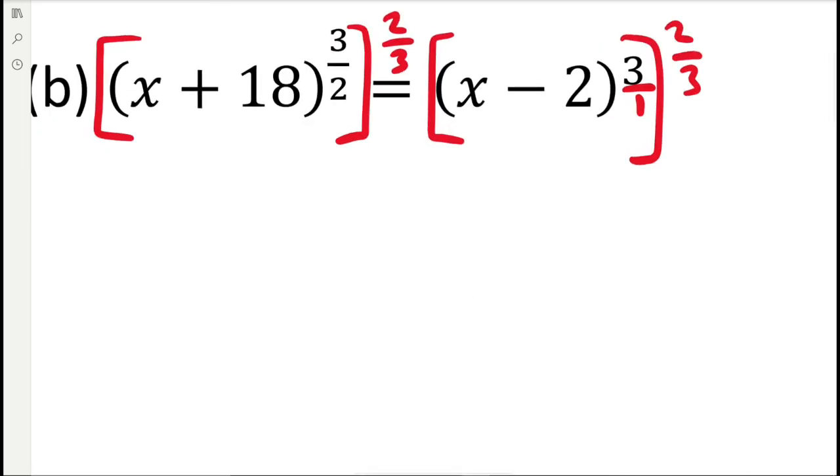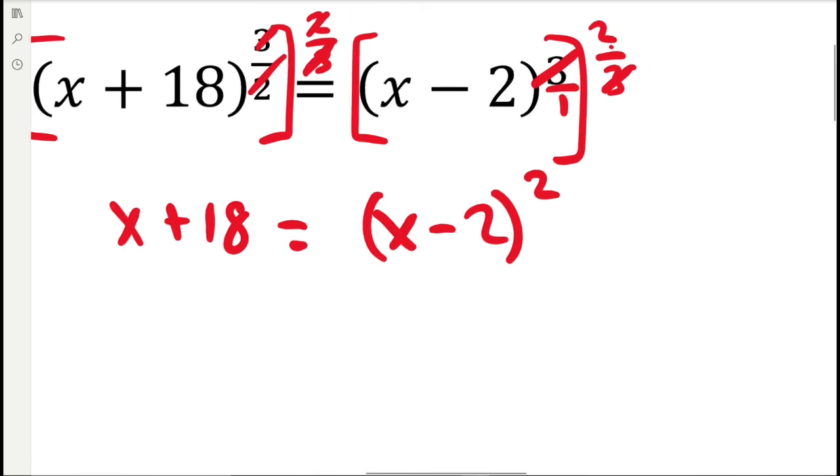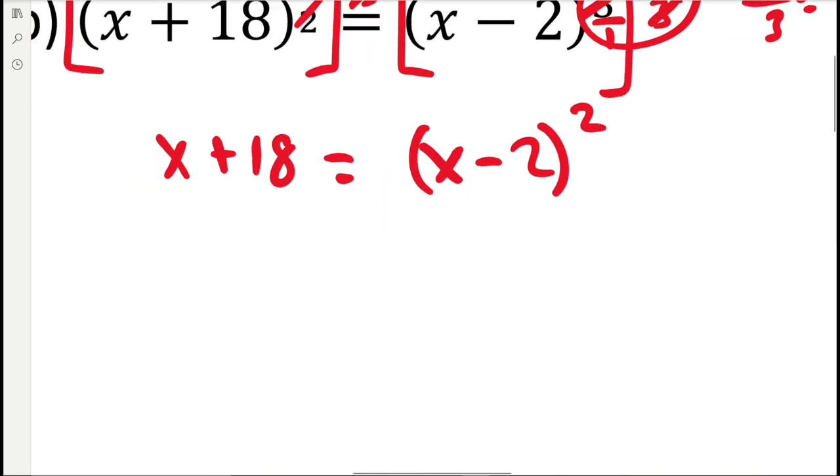So only the 3's cancel here, leaving you with 2. So we have x plus 18 equals x minus 2 raised to the 2nd power. You can also think of this as 3 times 2 is 6, and 1 times 3 is 3, which is 6 over 3, or 2. Same thing.